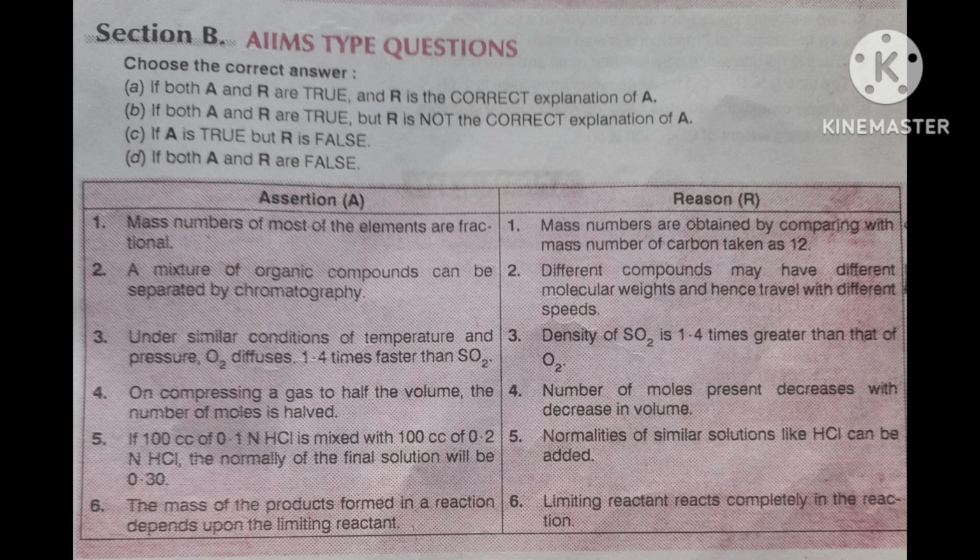Now next question I am reading. If 100 cc of 0.1 NaCl is mixed with 100 cc of 0.2 NaCl, the normality of the final solution will be 0.30. This is the assertion.